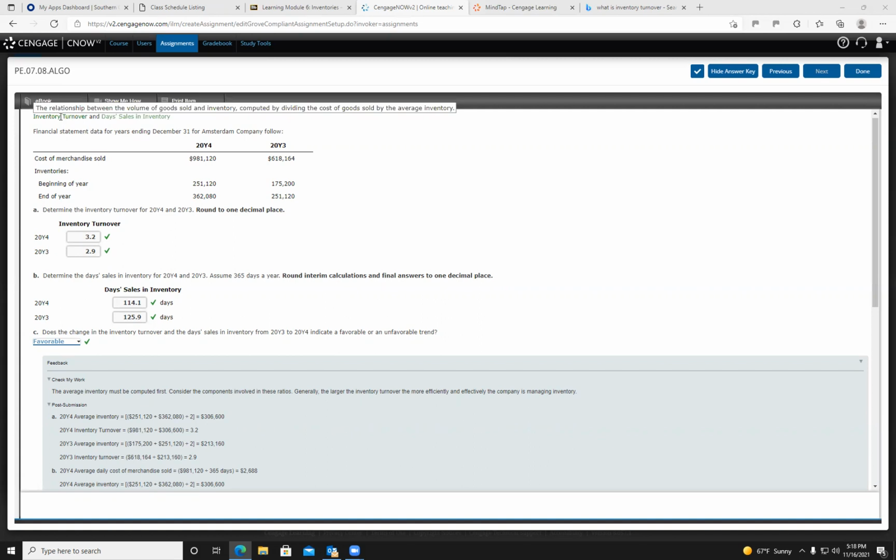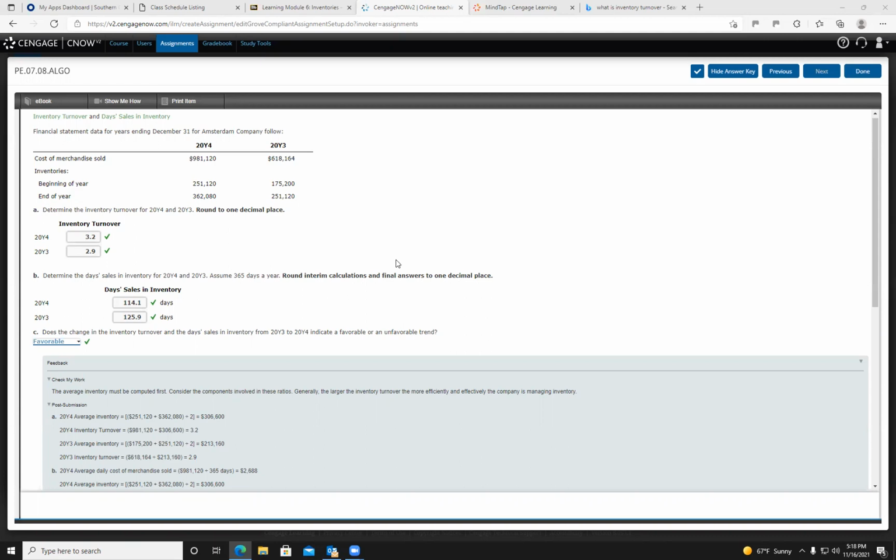What is inventory turnover? It's the relationship between the volume of goods sold and inventory, and it's calculated by dividing the cost of goods sold by the average inventory. So it basically determines how well a company is managing their inventory, how many times they're able to buy and sell their inventory in a period of time.